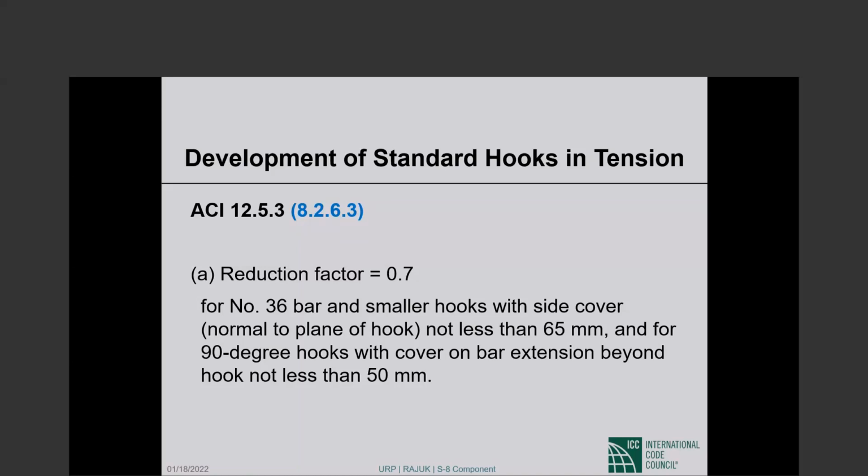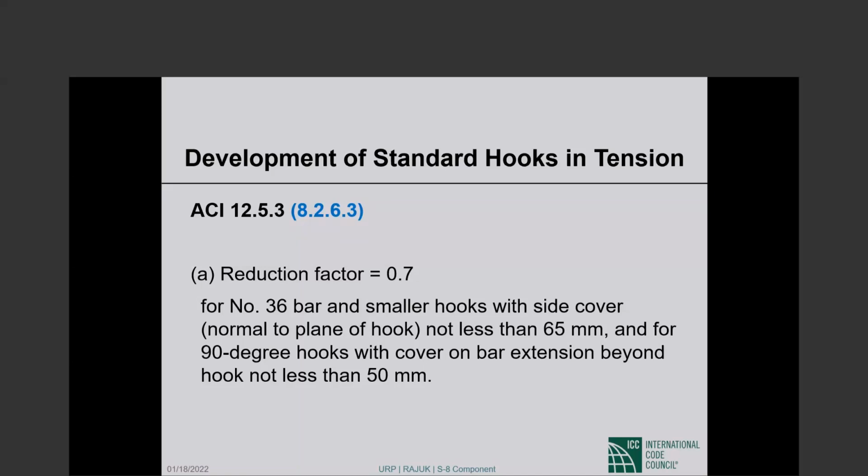If you have number 36 bar and smaller hooks, so the hooked bars on number 36 are smaller in diameter, with side cover, which is normal to plane of hook. Side, I think all of us understand, not less than 65 millimeters, 2.5 inches. And for 90-degree hooks with cover on bar extension beyond hook, not less than 50 millimeters.